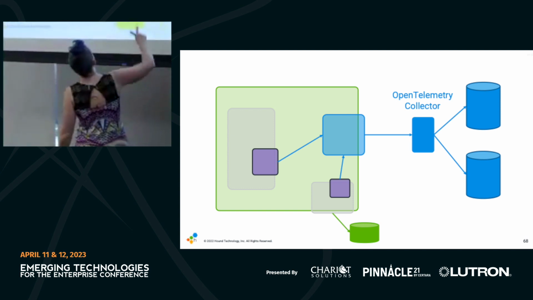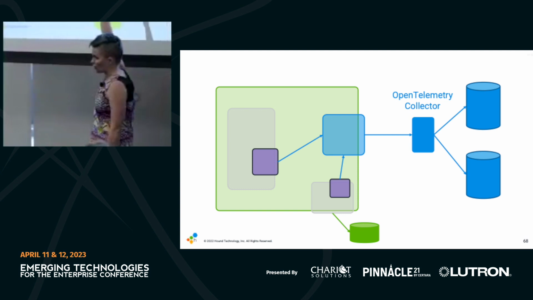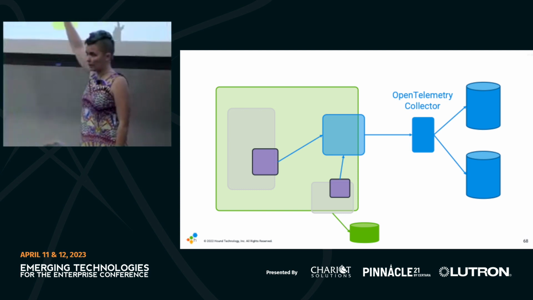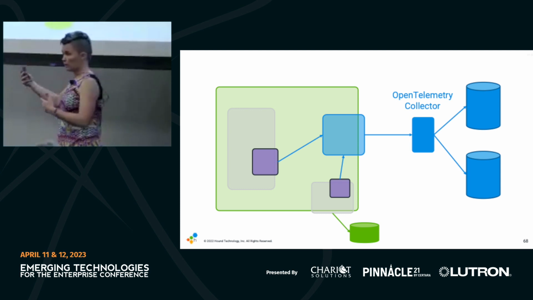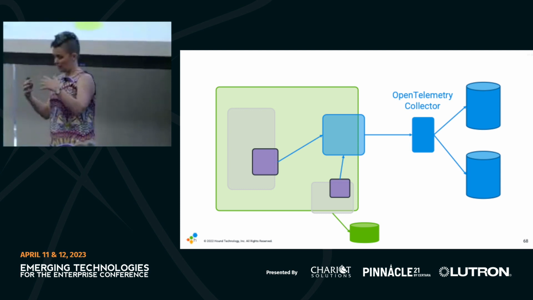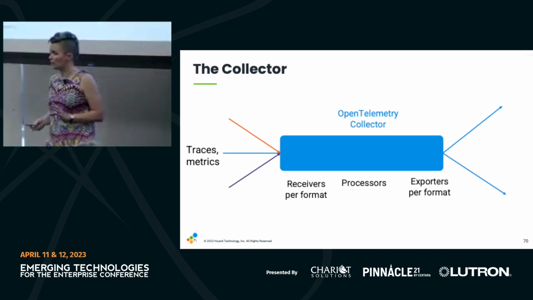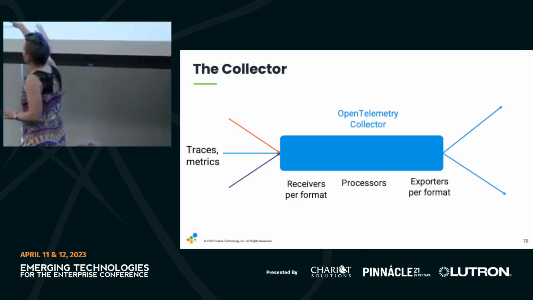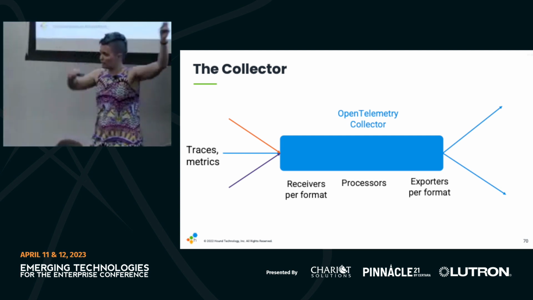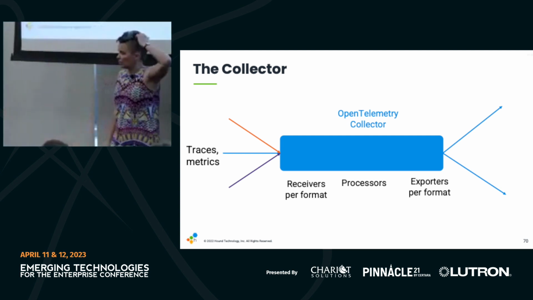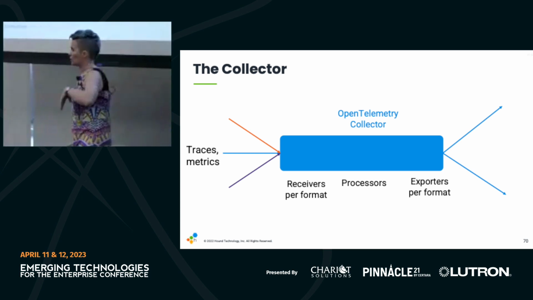So the collector, the OpenTelemetry collector, is a process designed to do this. It receives telemetry, traces, metrics, or logs, and then it sends them on where you want. And it can do some processing in between. It does a lot of conversions. So it'll take Prometheus metrics and convert them into OTLP metrics or some other kind of metrics if you want.